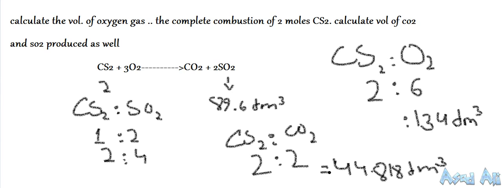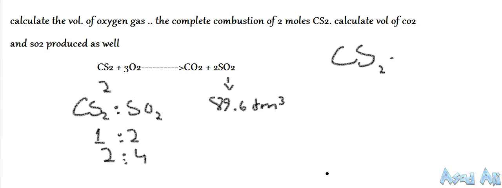Now we know all three. The volume of O2 used will be 134.434 decimeter cube. The volume of CO2 will be 44.818 decimeter cube, and the SO2 is 89.6 decimeter cube.